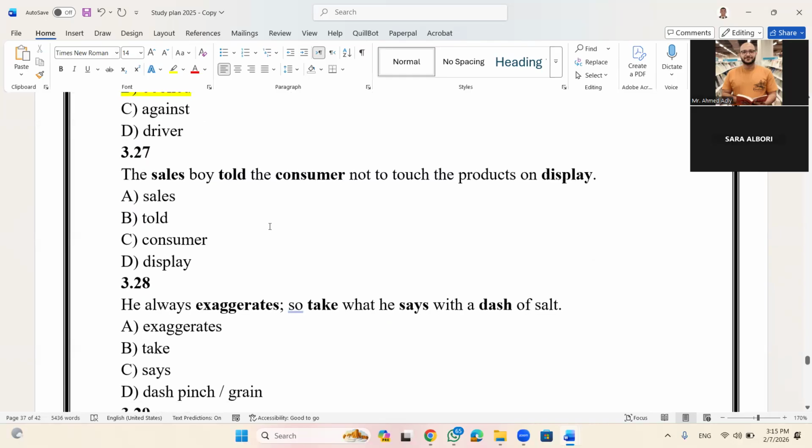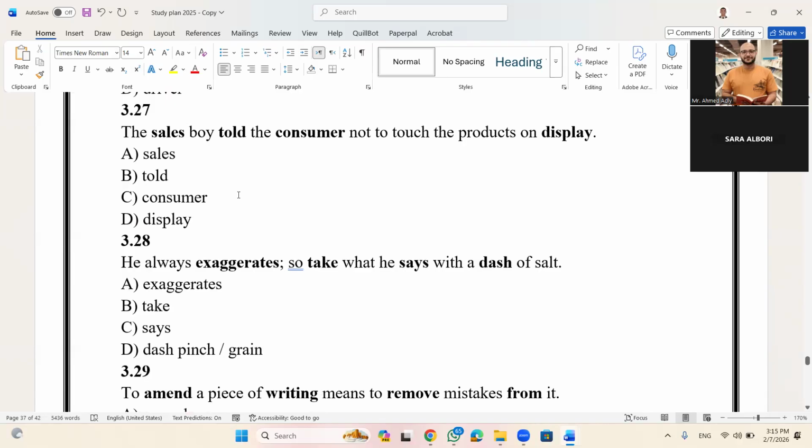The sales boy told the consumer not to touch the products on display. What's wrong with sales?